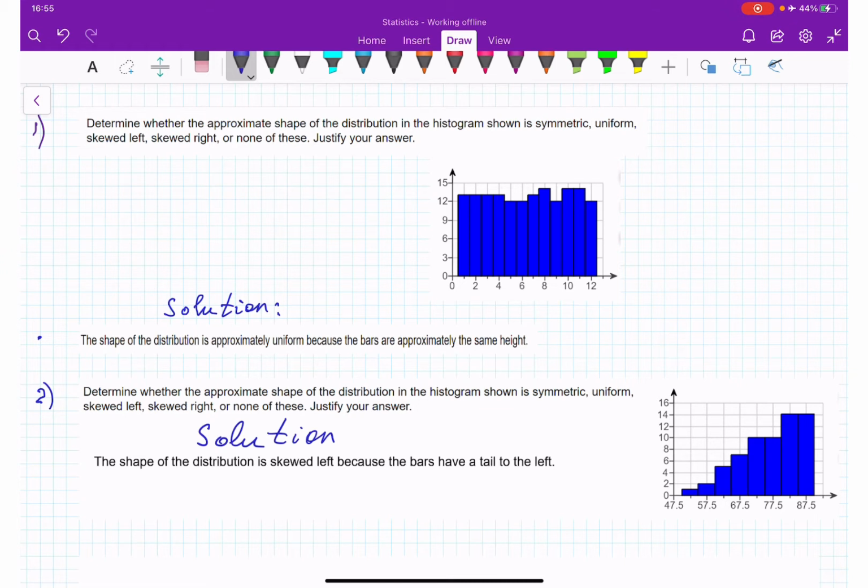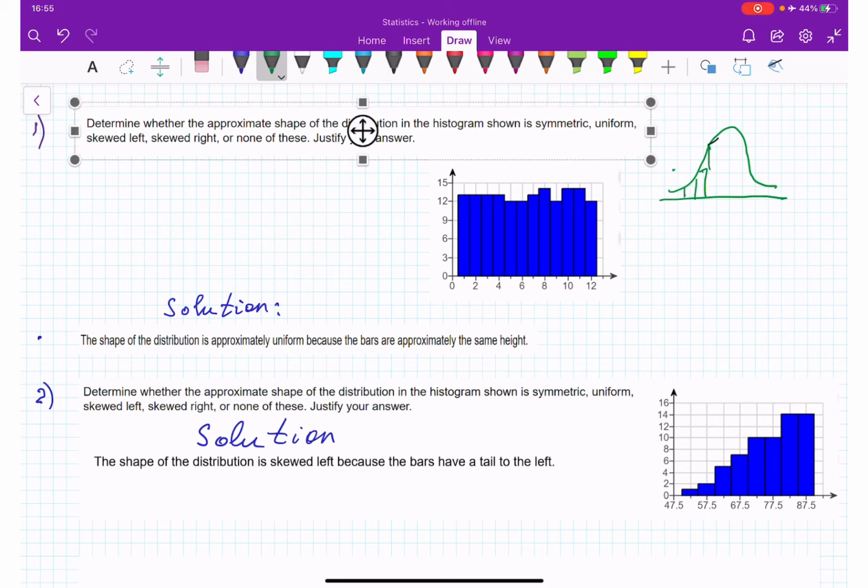When it's symmetric, the graph looks like this. It's symmetric.